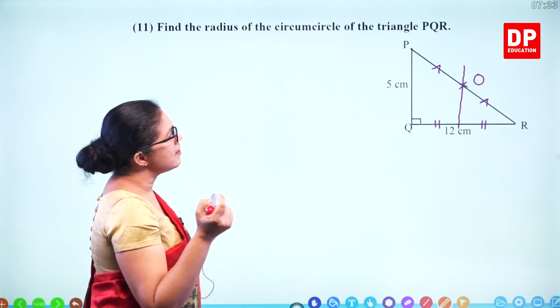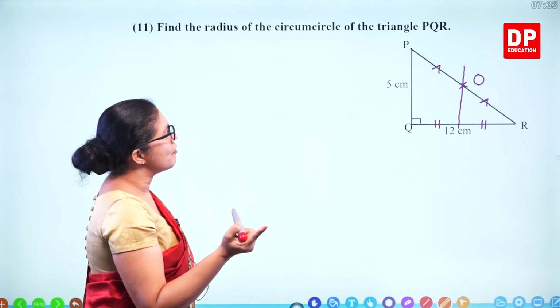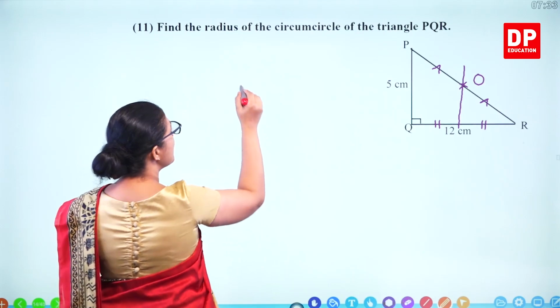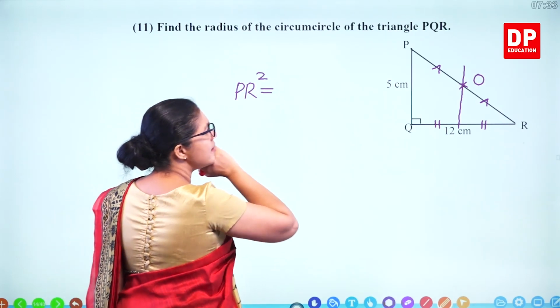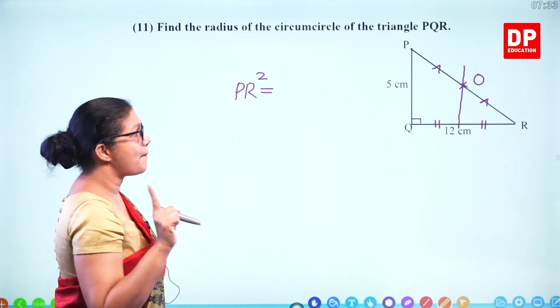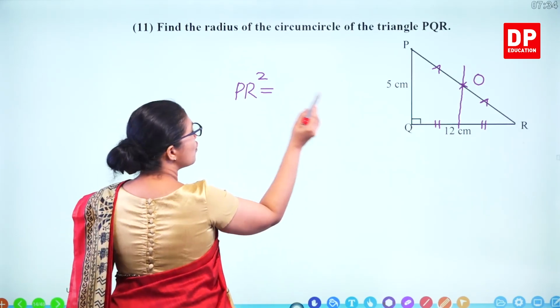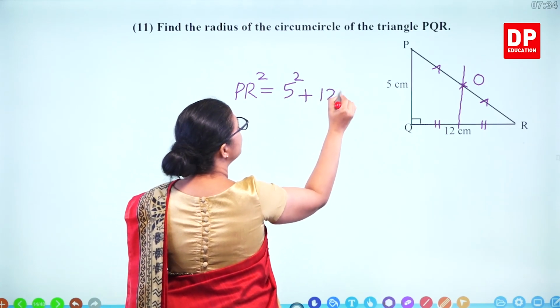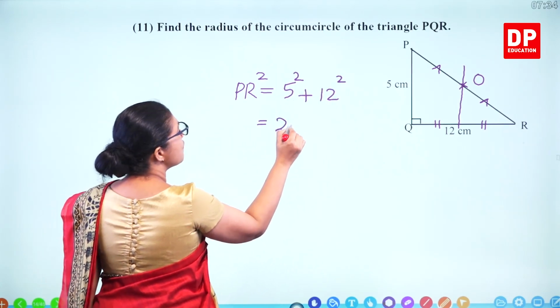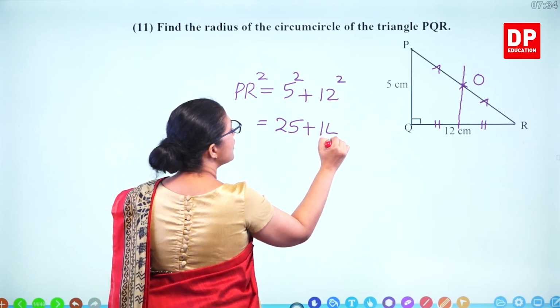So you can use that property. So this is a right angle triangle. So first we can find out the length of PR. PR squared using Pythagoras theorem. So PQ is 5 squared plus 12 squared. 25 and 144.